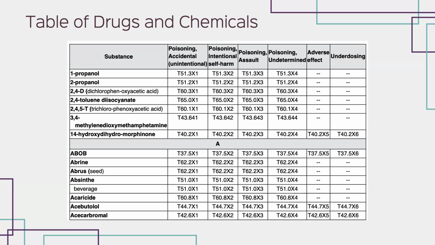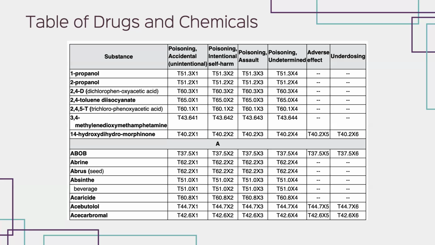It's going to be used for intoxication or poisoning by a drug or other chemical substance. And if you take a course, these columns will be discussed in depth, including how to use the table and the difference between accidental, intentional, assault, and undetermined.